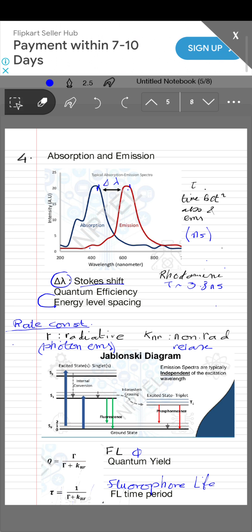First, there is the phenomenon of fluorescence and phosphorescence. These two are although a little different. Phosphorescence is the one where there is intersystem crossing.